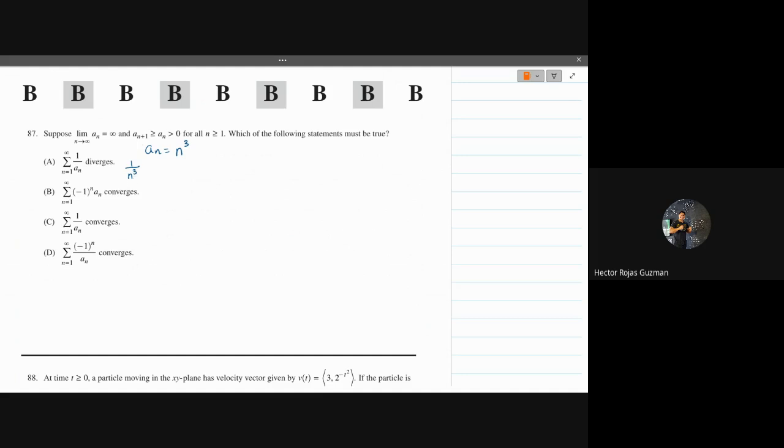Now, we know 1 over n cubed converges, the limit as n approaches infinity for n to the power of 3 is going to be infinity. Does this diverge? No. This one's a p series. So no, that doesn't diverge. It could diverge depending on what you select, but I just gave you an example. Oh, and this would follow this condition as well, where your n cubed would be less than or equal to n plus 1 cubed. So that's also true.